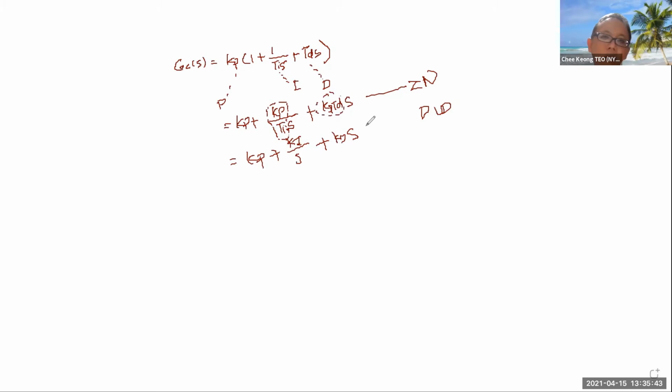So the conventional PID we use it this way, and Ziegler-Nichols uses it the other way. But of course there's nothing wrong, because it's really up to how you want to do it. He tried to group it in this way because you have to refer to his table to do the controller tuning. So basically it's just like that.